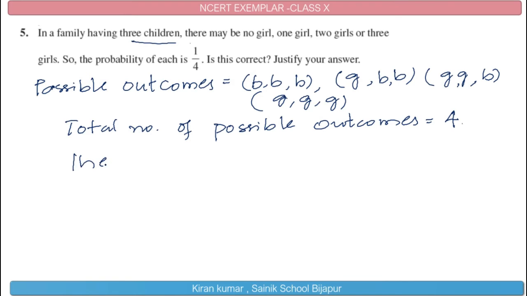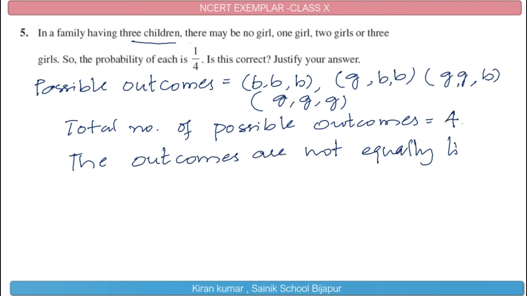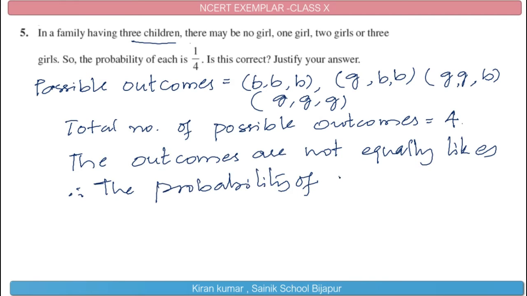The outcomes are not equally likely. Therefore, the probability of each is not 1 by 4.